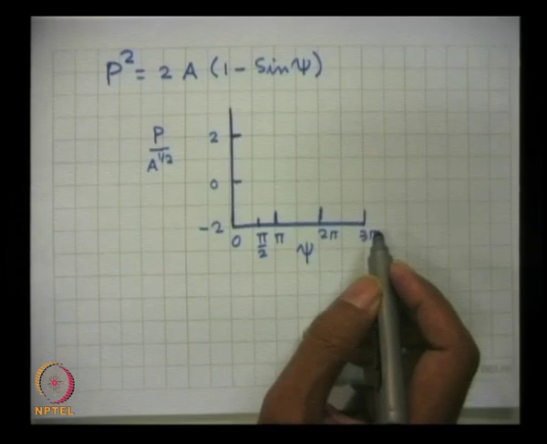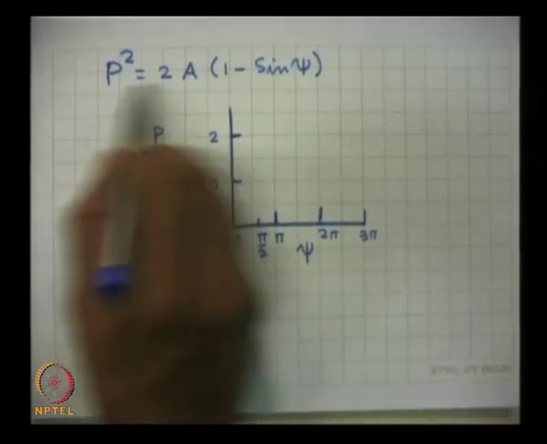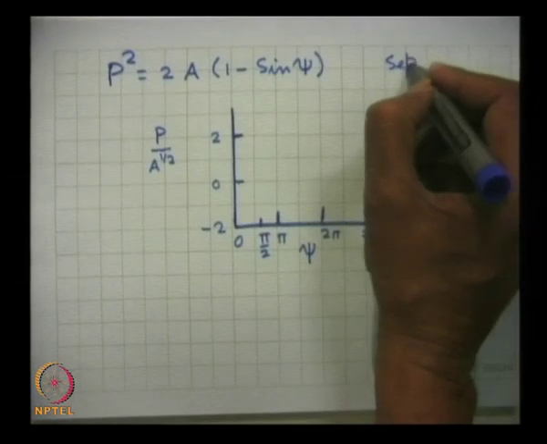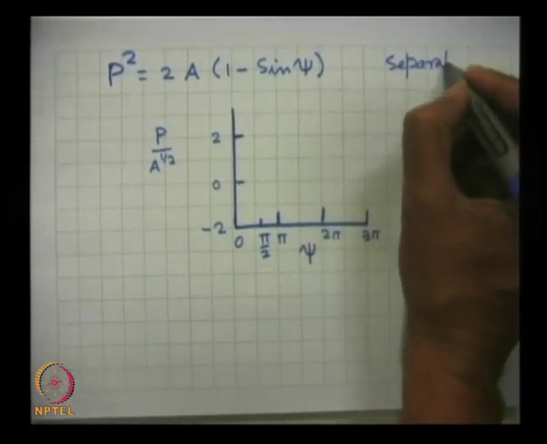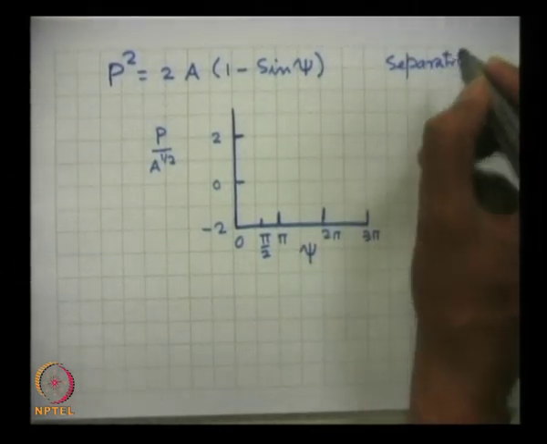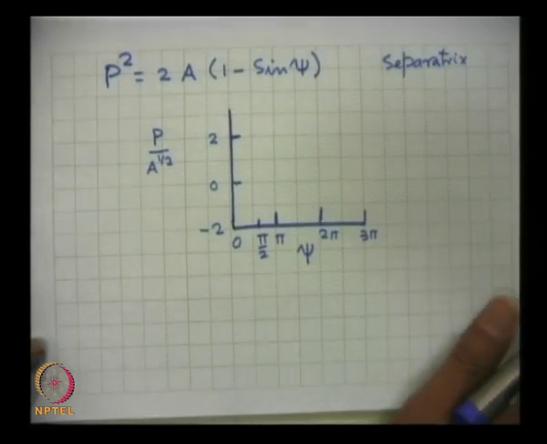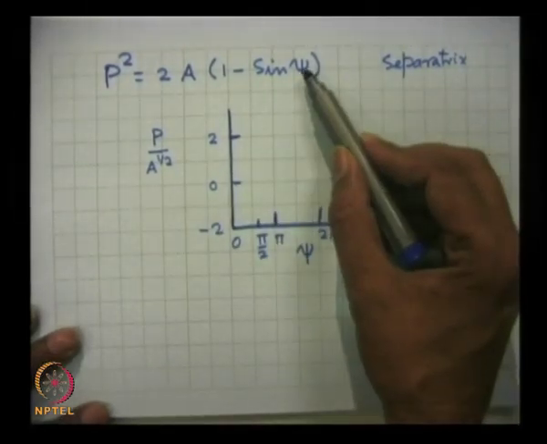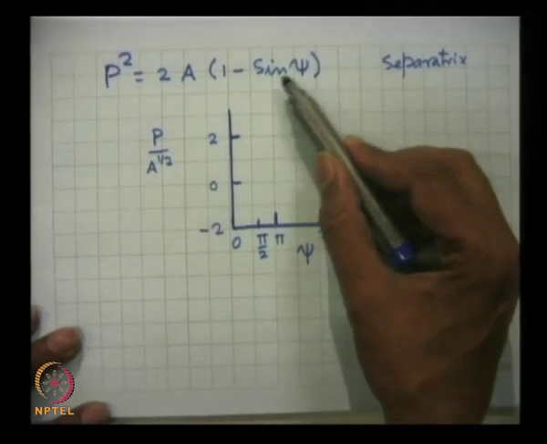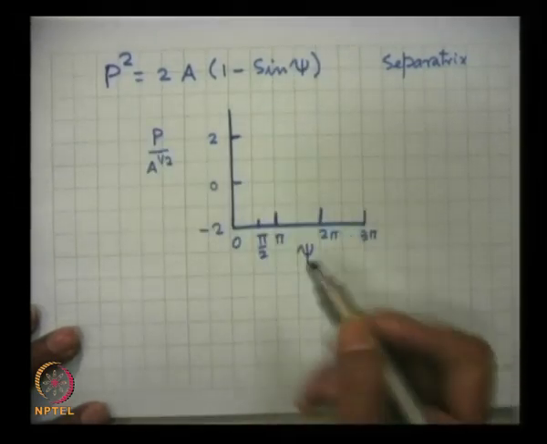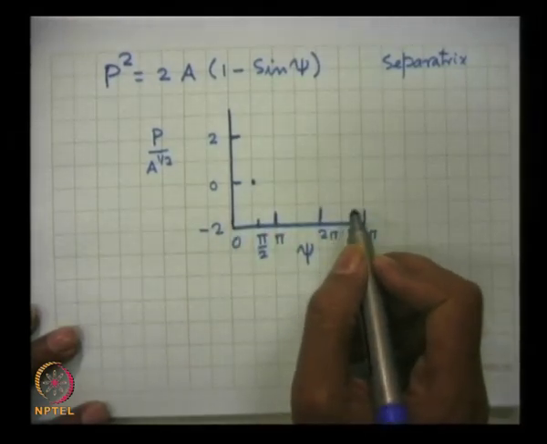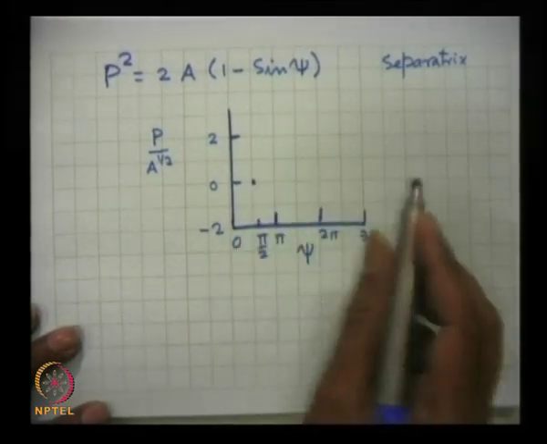So, let me have a plot of this separatrix curve. What you get? You will obtain when psi is equal to pi by 2, then P is 0. So, this is somewhere here I will get, and also when this is 2 pi plus pi by 2 somewhere here.